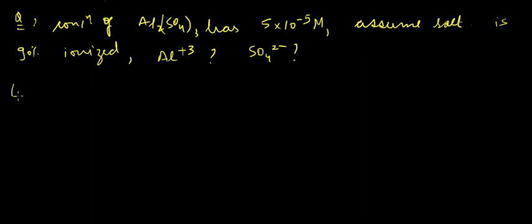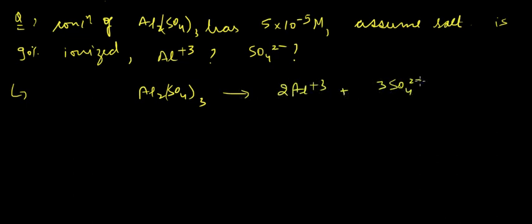Okay, so let's get started. You have Al2(SO4)3 getting dissociated into 2Al3+ and 3SO4 2-.